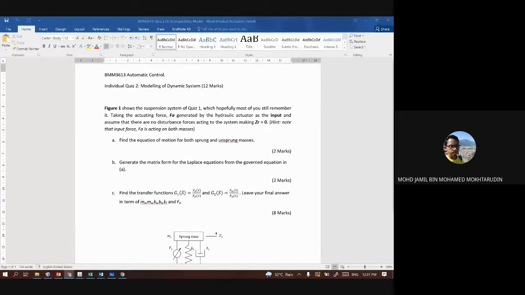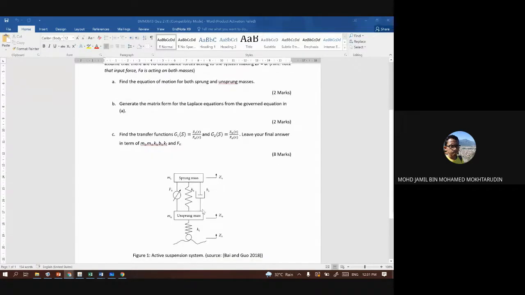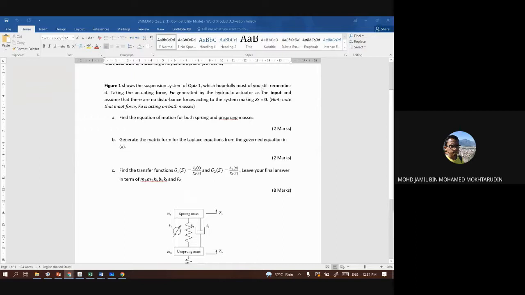Figure 1 shows the suspension system of quiz 1. So we go back to quiz number 1, the same suspension system, which hopefully most of you still remember. Ni masa quiz hari tu tak remember kot, sekarang dah remember. Taking the actuating force FA generated by the hydraulic actuator as the input, assume that there are no disturbance forces acting on the system, making ZR equals 0.